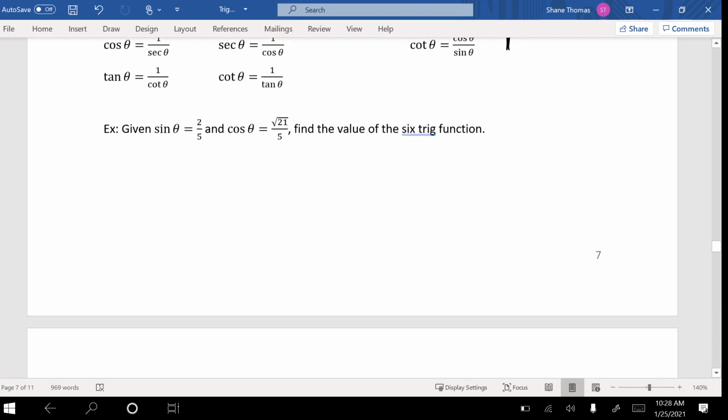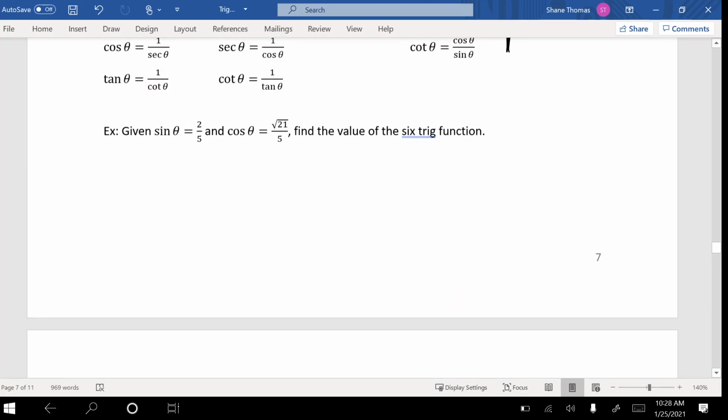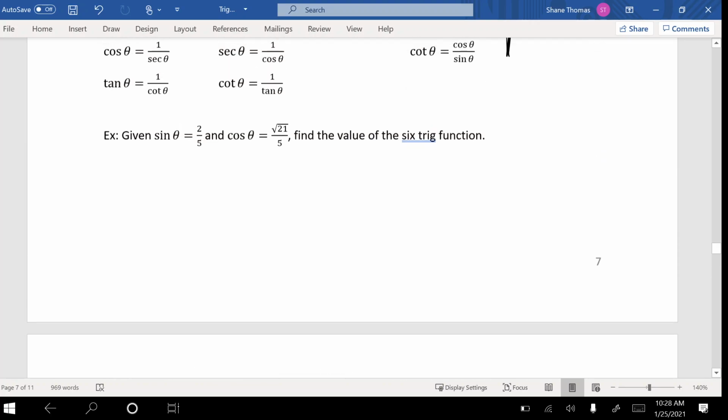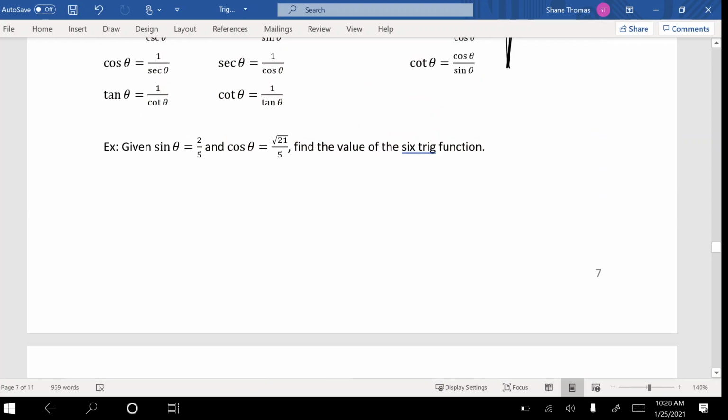All right, let's look at one more example, then we'll call it good for the day. Let's look at this bottom example. Given the sine of theta equals 2/5 and the cosine of theta equals root 21 over 5, find the value of the 6 trig functions.